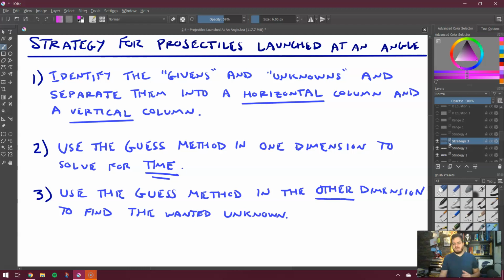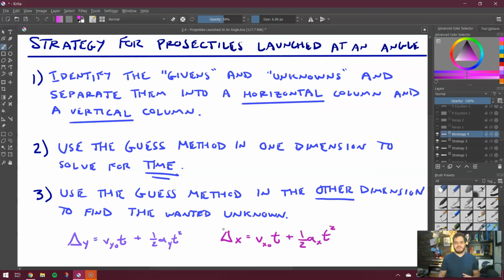Now, the real big difference, though, is that we have these two equations that I said more often than not are going to be the equations you use. Always, not necessarily, but more often than not. But previously, we said that we could simplify the delta x one because there is no acceleration in the x direction, so that whole piece goes away. So we really just have this. But now, unlike previously, we actually do have an initial velocity in the y direction.